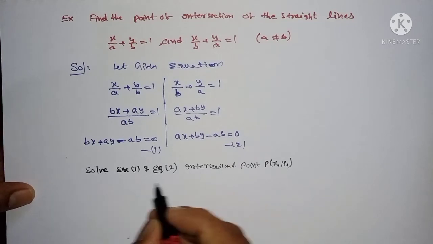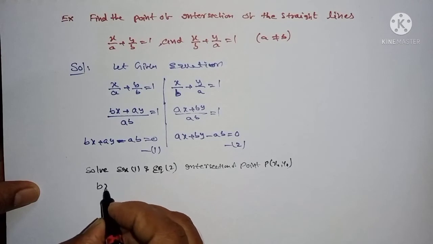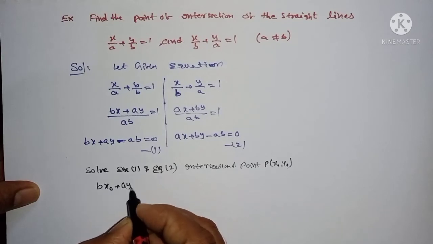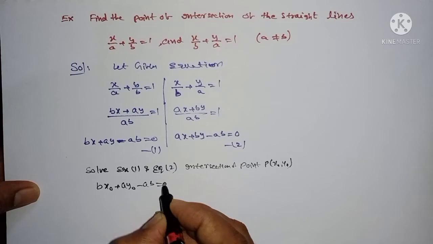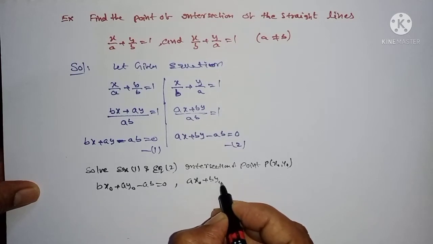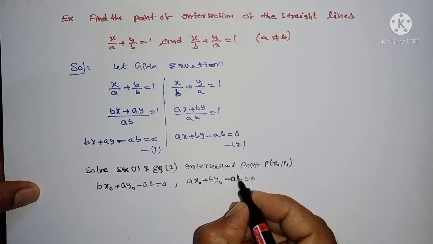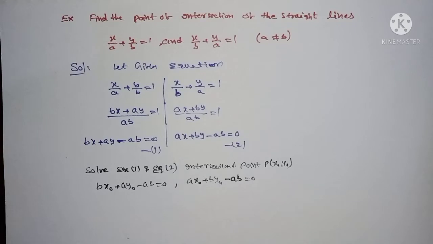Therefore, you can write b x naught + a y naught - ab = 0, and a x naught + b y naught - ab = 0.